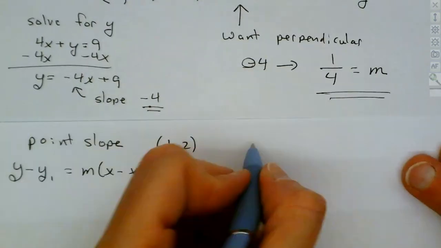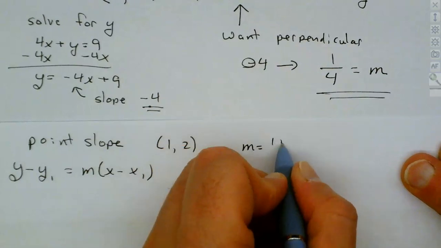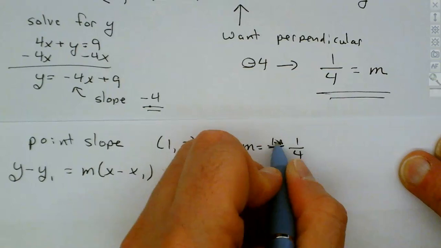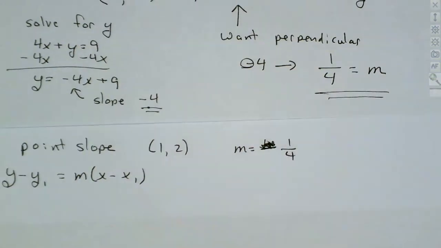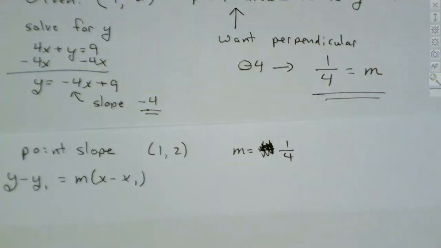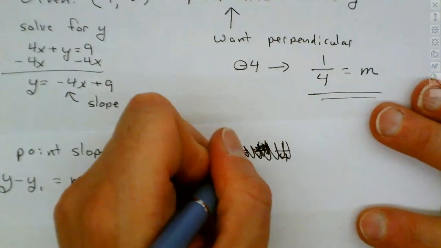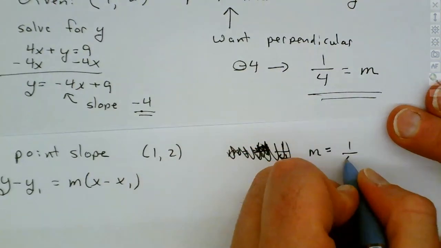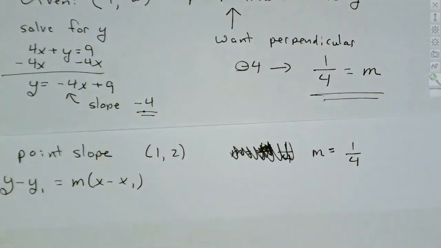And we're going to be using that slope of 1/4. Let me write it so it doesn't look like a negative 4 there. So we're going to be using m equals now a positive 1/4, right? So that's what we have.